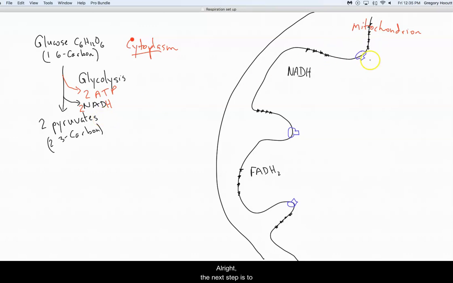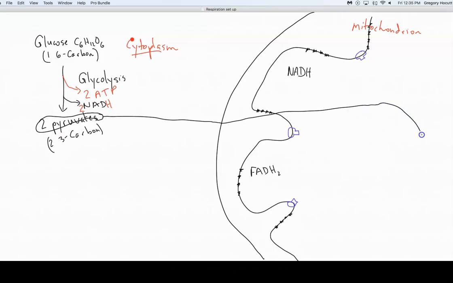All right, the next step is to take the pyruvates and move them across the membrane of the mitochondrion and into the main fluid matrix of the mitochondrion and send them through a cyclical process within there where they're chemically modified, changed, and essentially all the carbon ends up being used up.